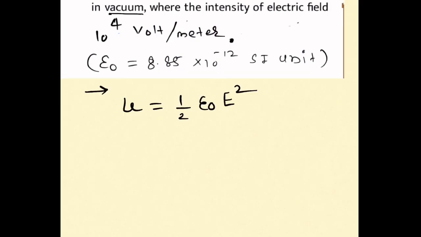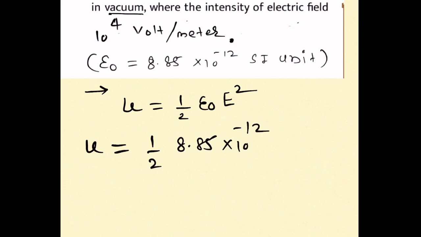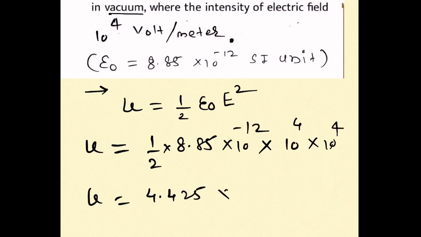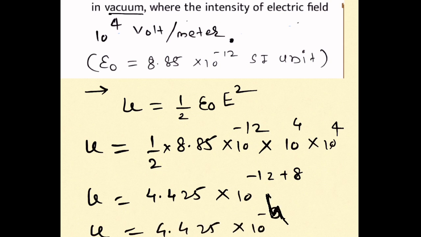For a medium we multiply epsilon 0 by k, but in this case it is vacuum. So 1 by 2 into 8.85 into 10 to the power minus 12, E square is 10 to the power 4 into 10 to the power 4. Then 8.85 by 2 is 4.425, then minus 12 plus 8. Therefore, the answer is 4.425 into 10 to the power minus 4, and the unit of energy density, energy per unit volume, is joule per meter cube.